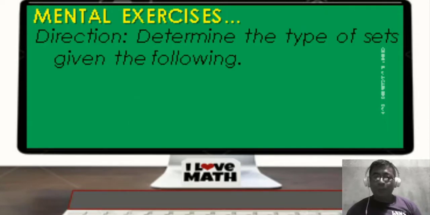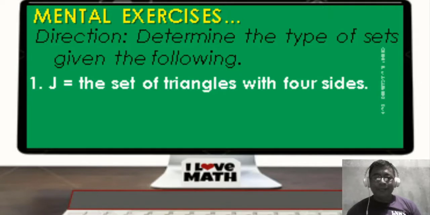Alright class, we are done with our lecture for today's topic. This time, we're going to apply what we have learned for today. So consider a simple mental exercise. Direction. Determine the type of sets given the following. Number 1. Set J is equal to the set of triangles with 4 sides.